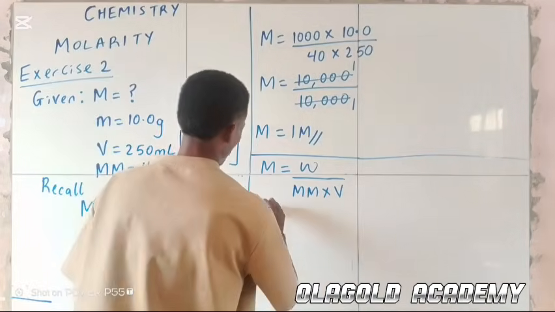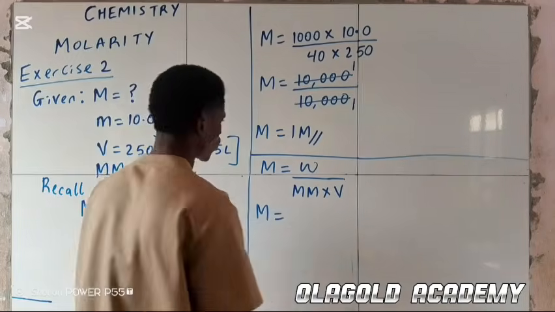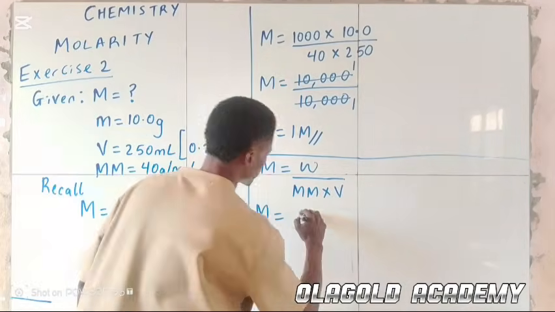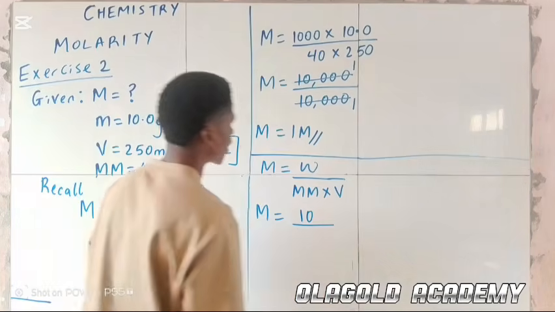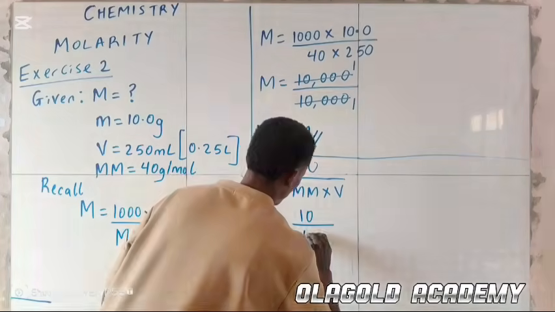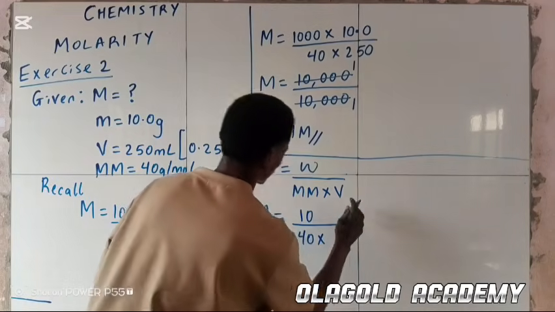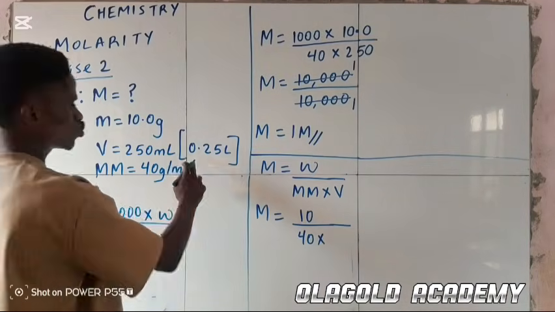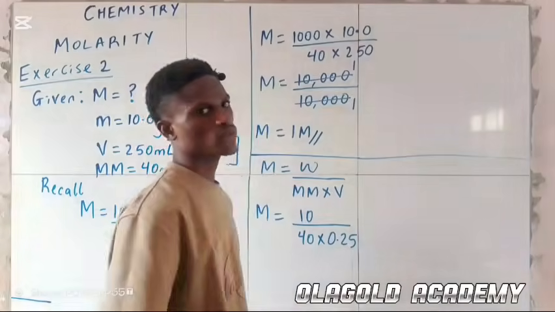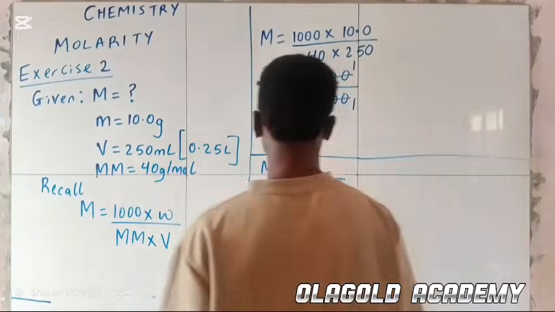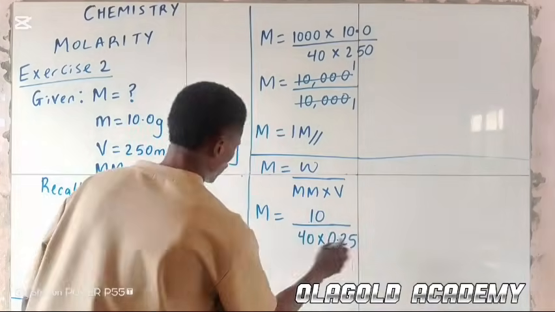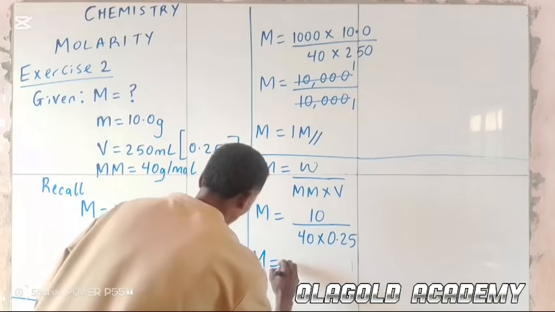From here, molarity equals the given mass, 10, over the molar mass, 40, multiplied by the volume, 0.25.